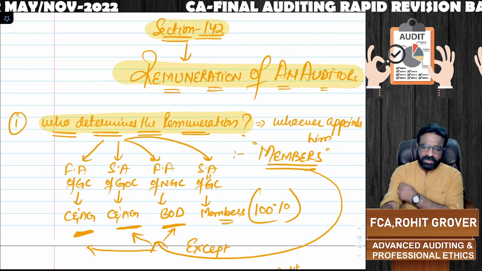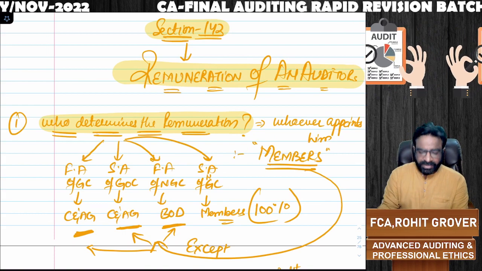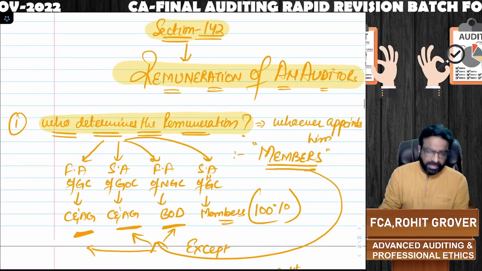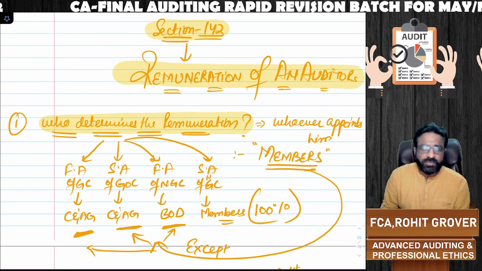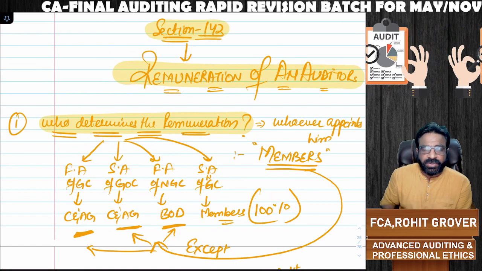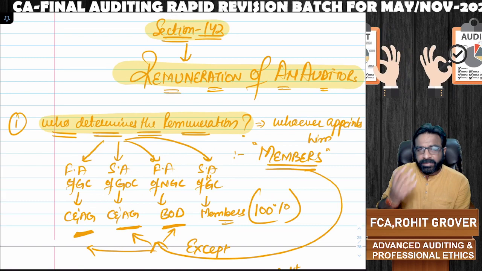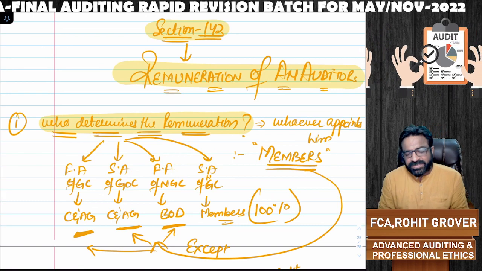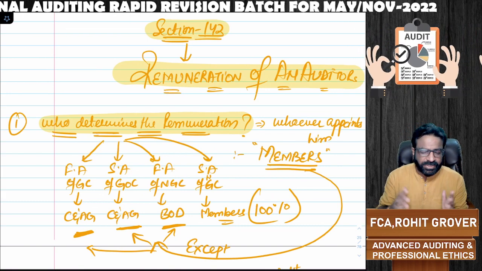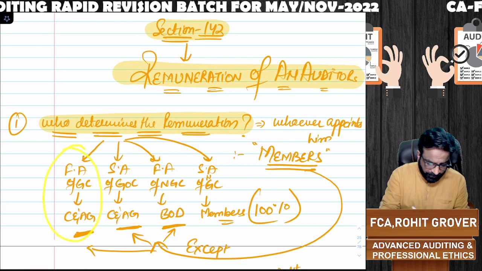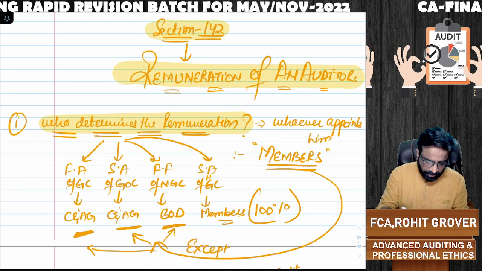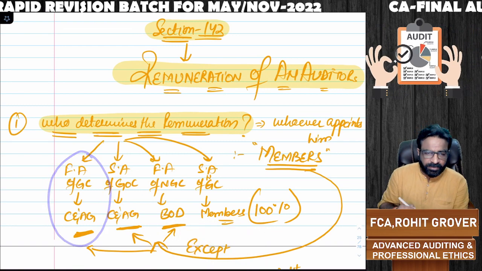In section 142, we are going to talk about the remuneration of the auditors. You have to understand it very carefully: remuneration is always determined by the shareholders in the annual general meeting. But if you are the first auditor of a government company, it will be determined by the C&AG.